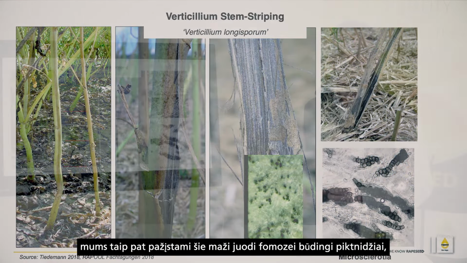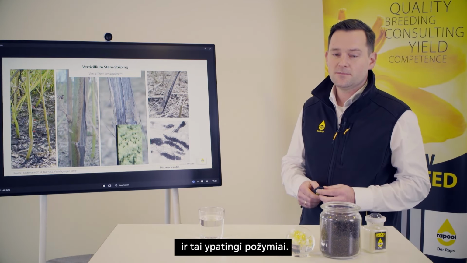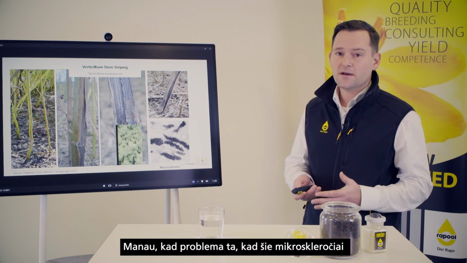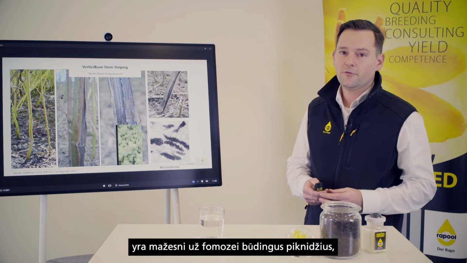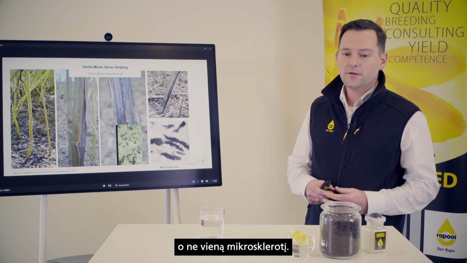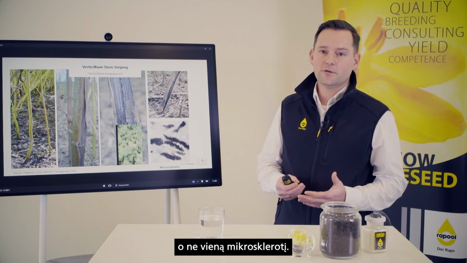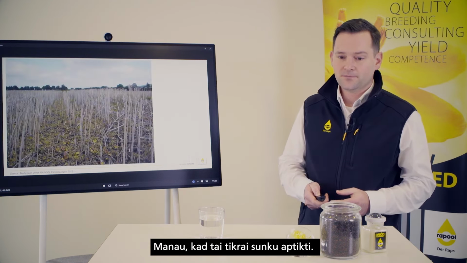We know these small black pycnidia from Phoma, and this is something very special also. The problem is these microsclerotia are smaller than the pycnidia of Phoma. So you see more a grayish layer on the outer stem instead of really seeing the single microsclerotia. I think it's really hard to detect.